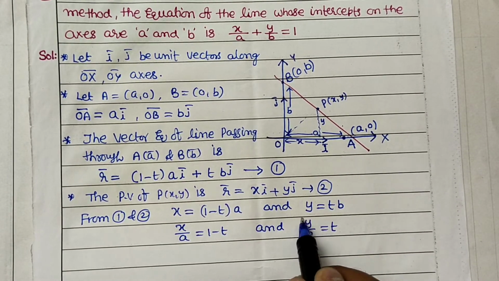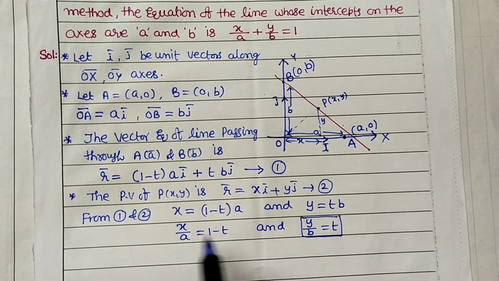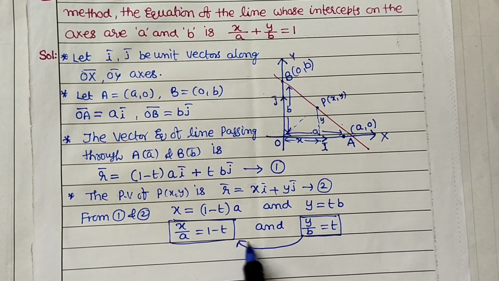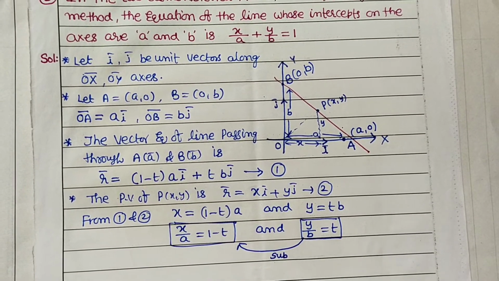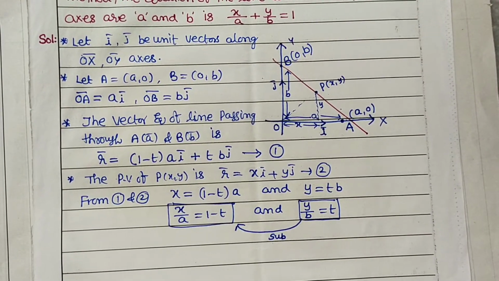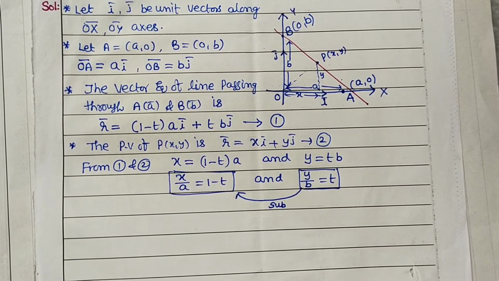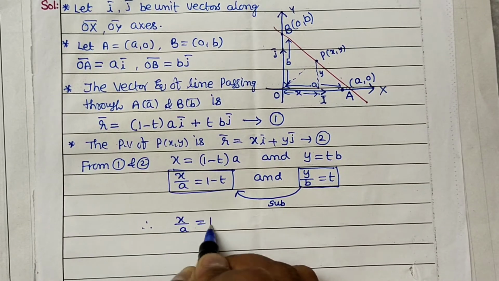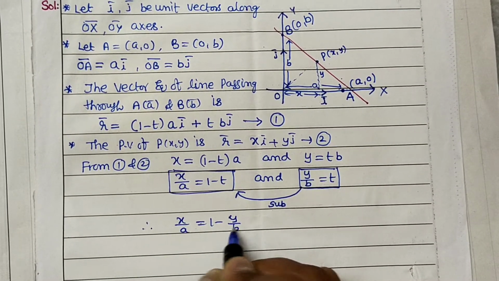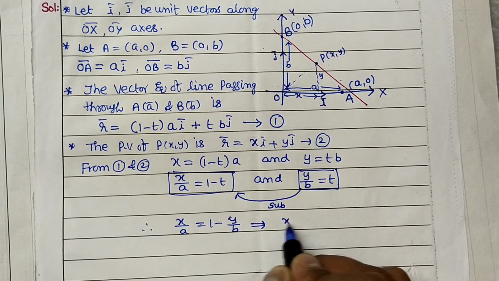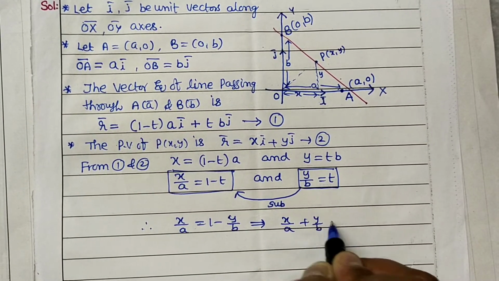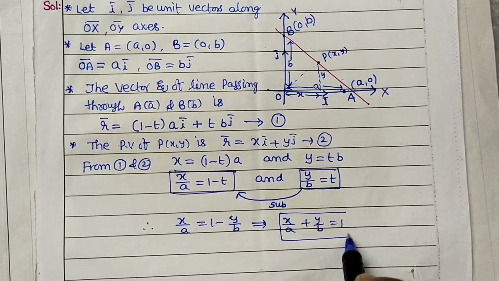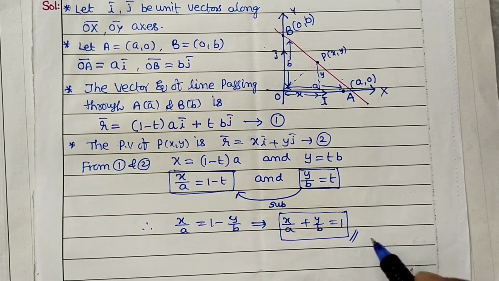So y by b equal to t, this t value substitute in this equation. Therefore, x by a equal to 1 minus y by b. That implies x by a plus y by b equal to 1, which is the required equation of line, which is in the intercept form, hence proved.